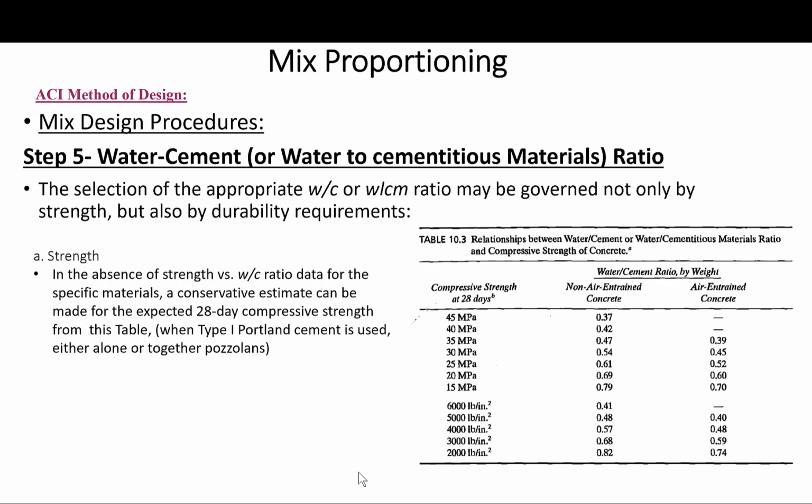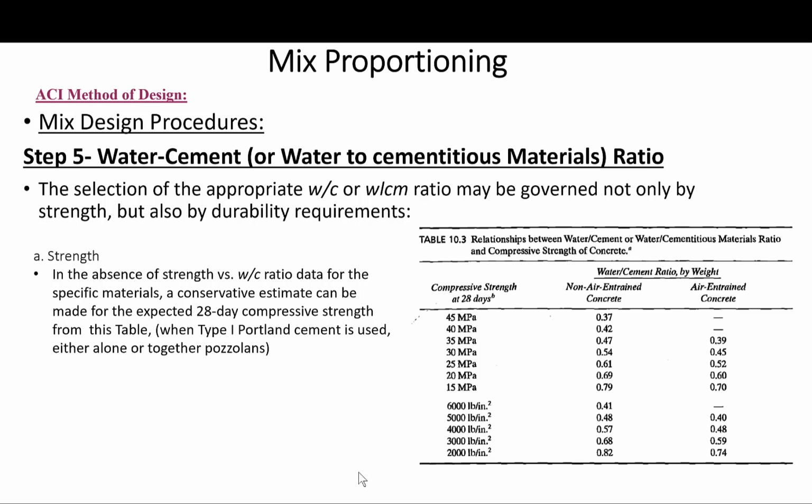Okay, step number 5, which is basically the water cement or water to cementitious materials ratio when we use supplementary cementitious materials. The selection of the appropriate water cement or water to cementitious material ratio may be governed not only by the strength, but as I said many times, also by durability requirements.